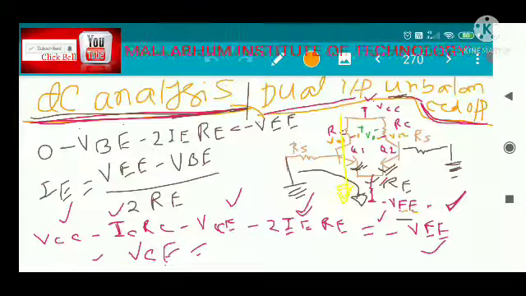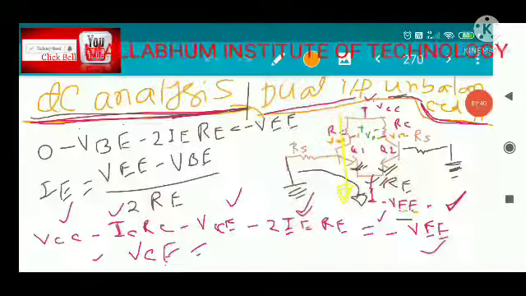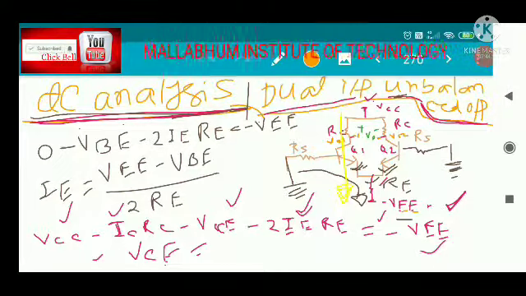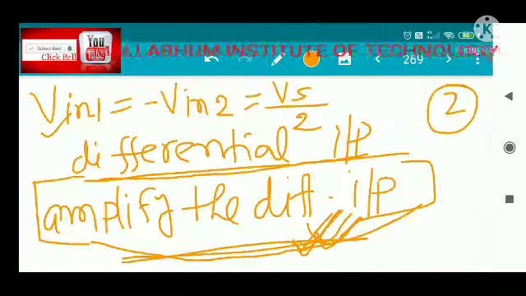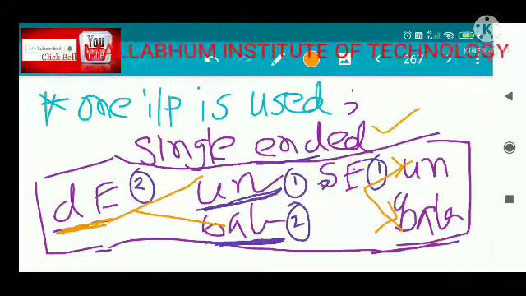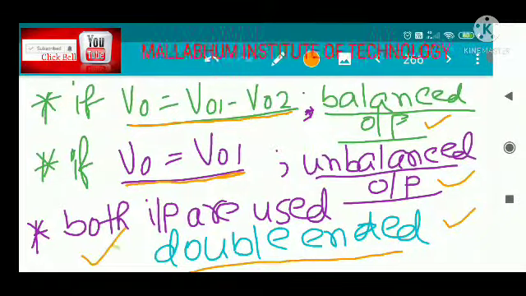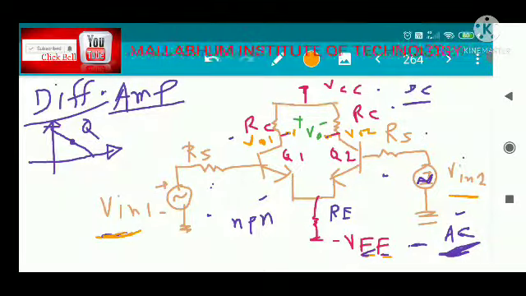Next we have to analyze the circuit. I have said that we will analyze only a single configuration of this circuit, which is the dual input unbalanced output. Dual input means both inputs are being used in this circuit: this is one input, this is another input.